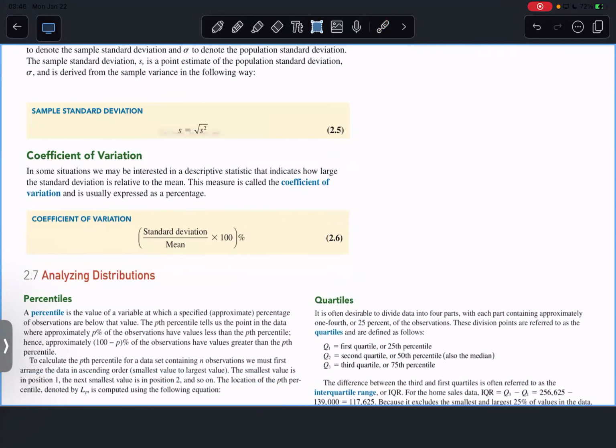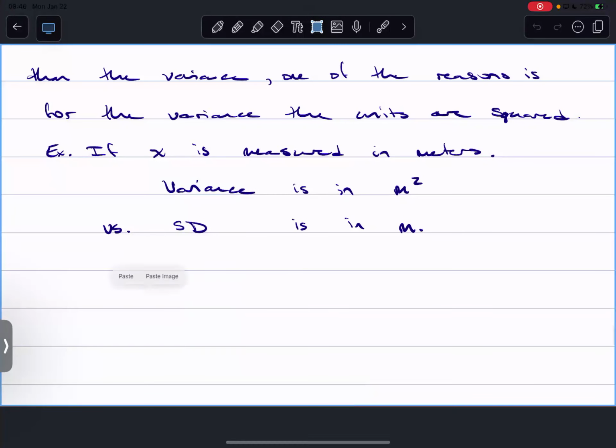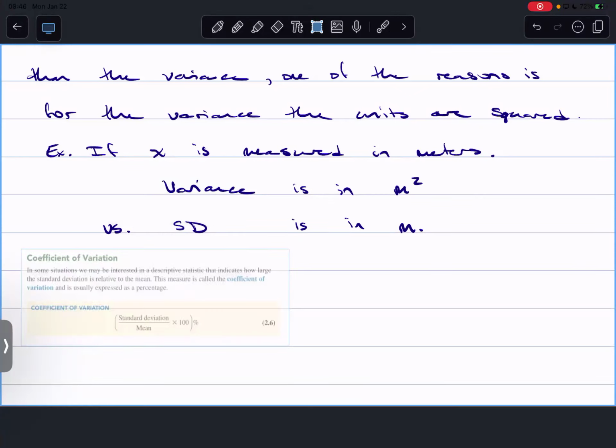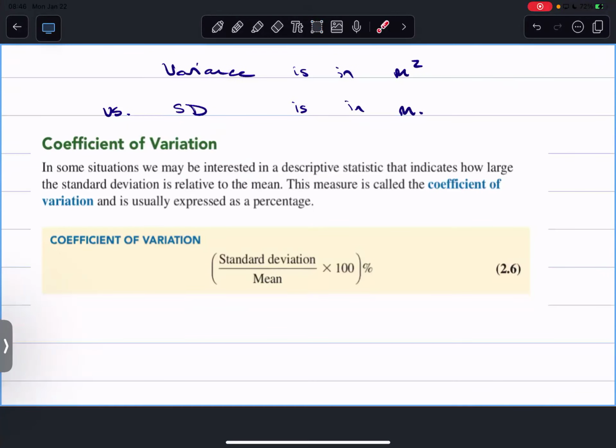This one's not as common, but we could talk about the coefficient of variation. The coefficient of variation indicates how large the standard deviation is relative to the mean.